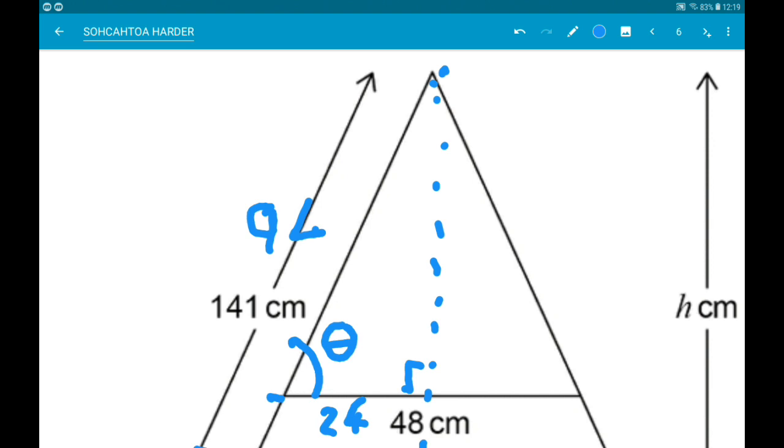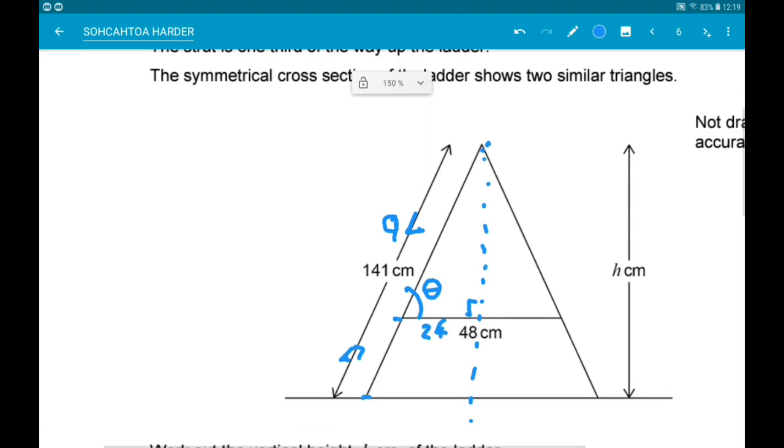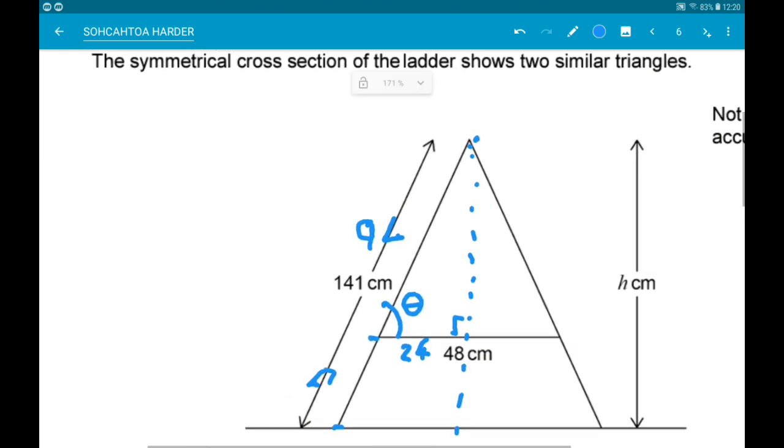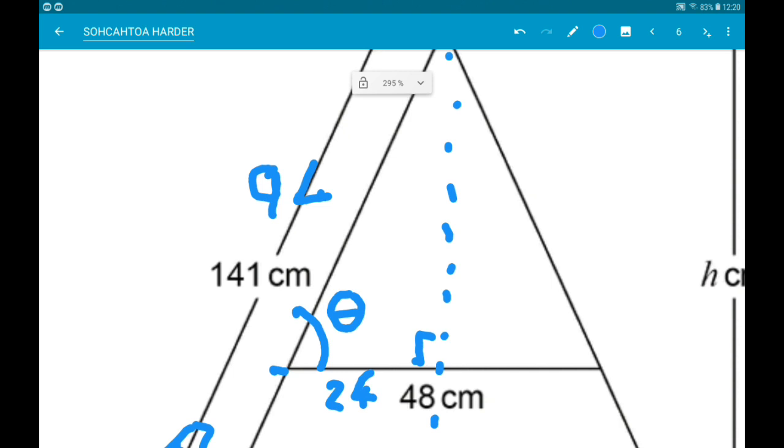Now the reason we want this angle is because this little triangle and the diagram overall are similar, so that means the bottom left angle of the whole step ladder is going to be the same as this. We can then use that with the length of the whole ladder to find the height. So, here then we have the adjacent 24 and the hypotenuse 94.